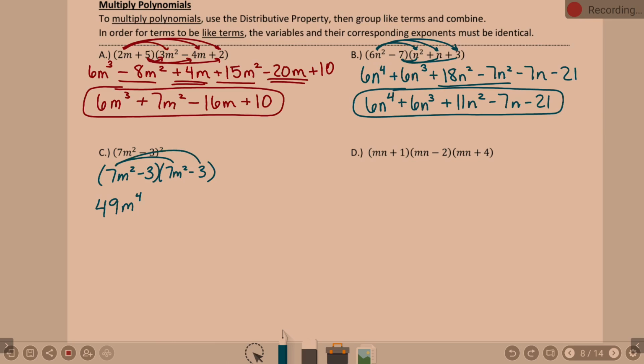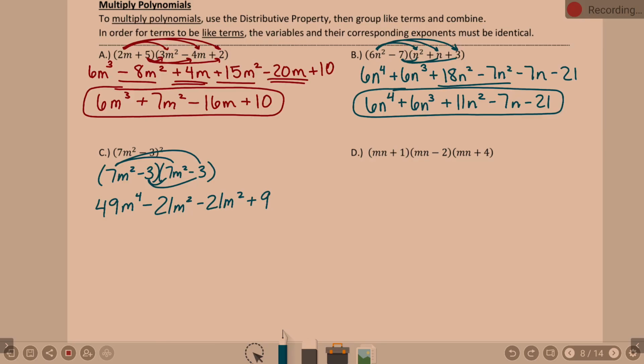Outsides, 7m squared times minus 3 is minus 21m squared. Now distribute the negative 3. Negative 3 times 7m squared, another minus 21m squared. Minus 3 times minus 3, plus 9.